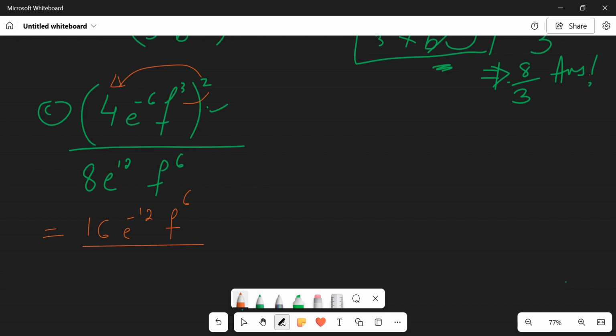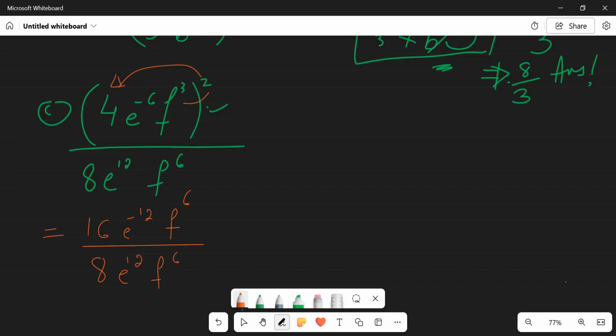And here 8E12, there is no bracket in the denominator, so it will come as it is. I told you that the similar sign will be cancelled out. We cannot cancel E12 because denominator E12 is positive and in numerator E is to the power negative.